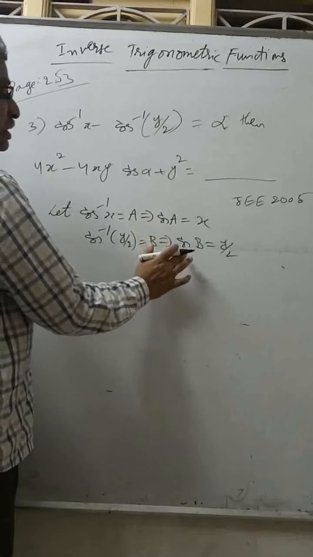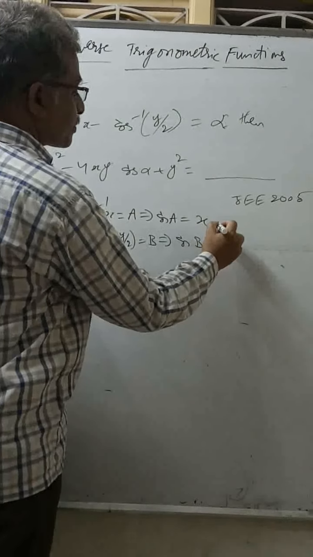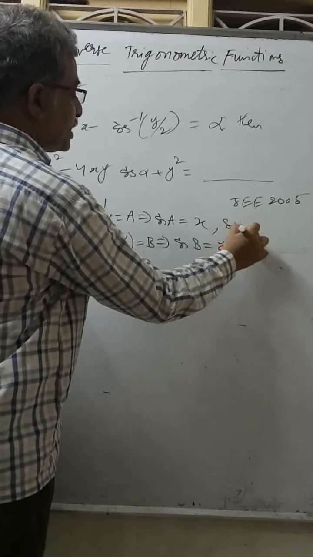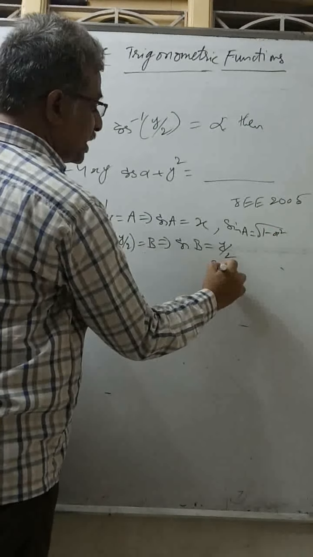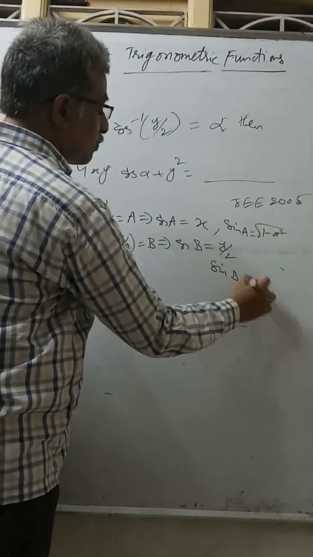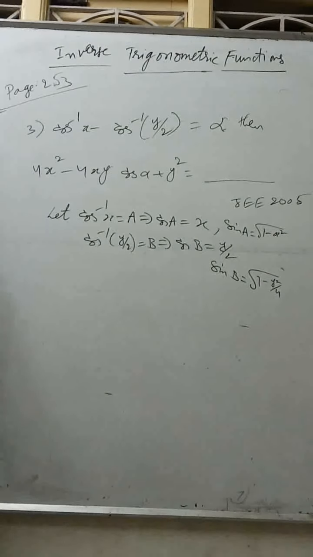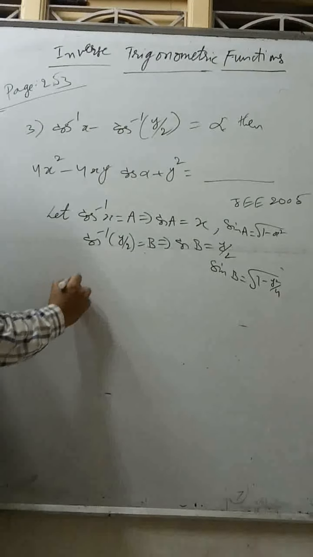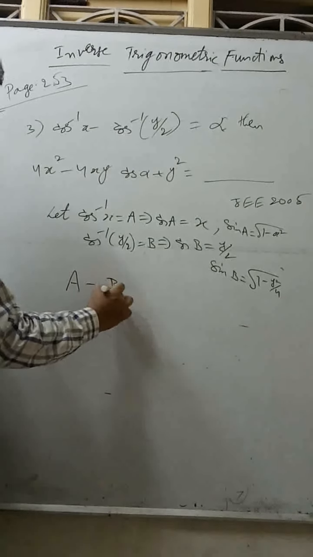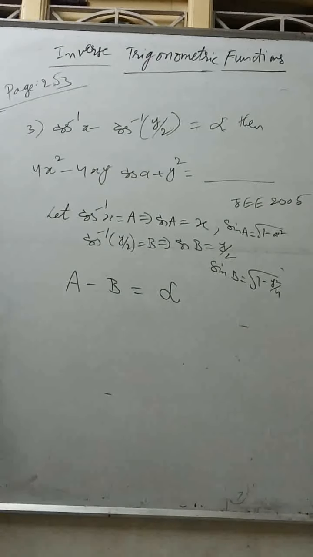Whenever this is cos A, this is cos B, by triangle I can find sin A and sin B. So sin A is automatically root of 1 minus x square, and sin B is root of 1 minus y square by 4. If I substitute here, this is A, this is B I am taking, it gives A minus B equal to alpha.